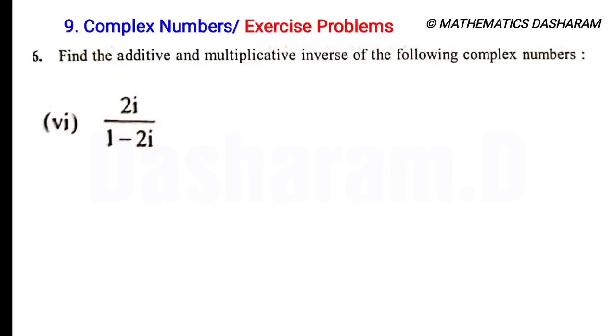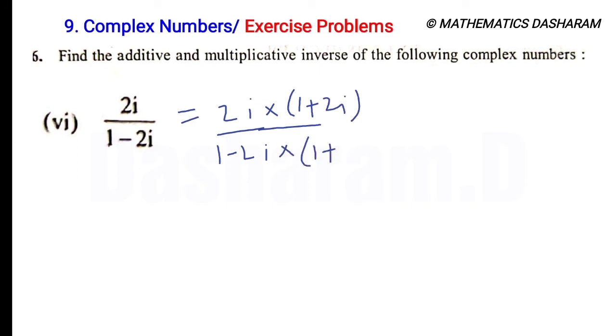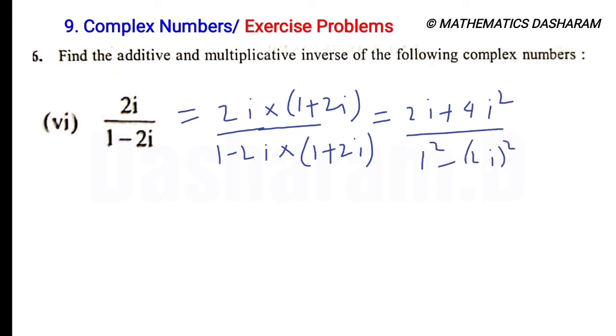Sixth question, 2i divided by 1 minus 2i. Let's convert this question into the a plus ib form. So that is why for 2i divided by 1 minus 2i, the numerator multiplies with 1 plus 2i and the denominator also multiplies with 1 plus 2i. Now 2i multiplied inside: 2i plus 4i squared divided by 1 squared minus (2i) whole square.